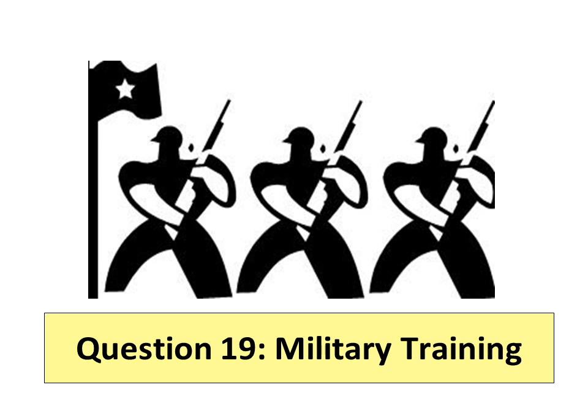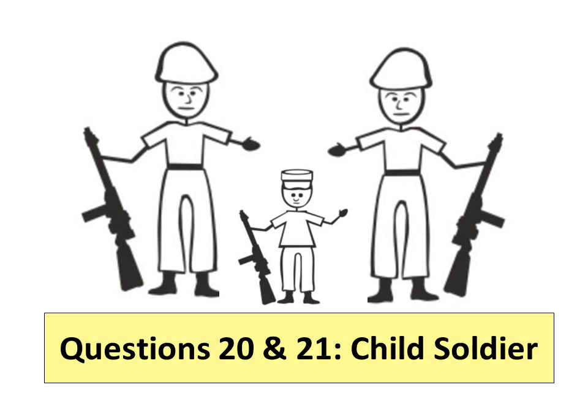Question 19 is again asking about military training. Questions 20 and 21 are very sad questions about child soldiers. Have you ever forced a child to become a soldier or forced a child to help soldiers?